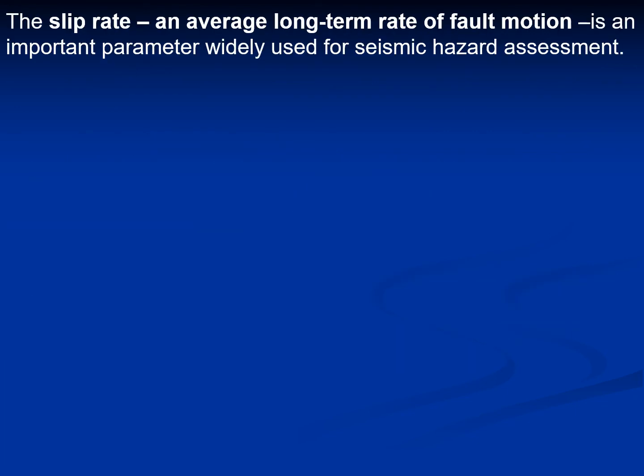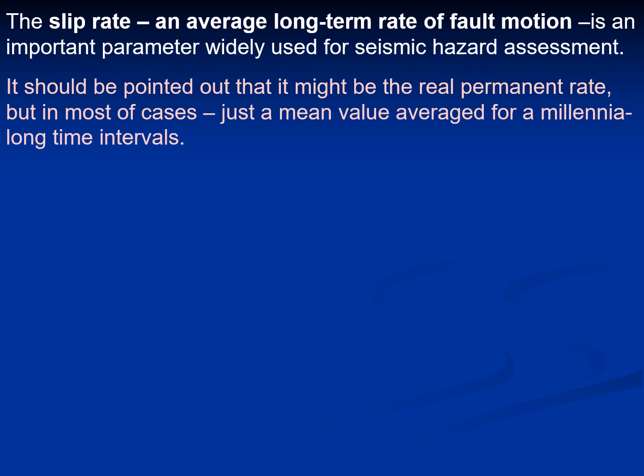The slip rate is an important parameter used for seismic hazard assessment, and it characterizes generally an average long-term rate of fault motions. It should be pointed out that it might be the real permanent rate, but in most cases, it is just a mean value averaged for millennia-long time intervals.